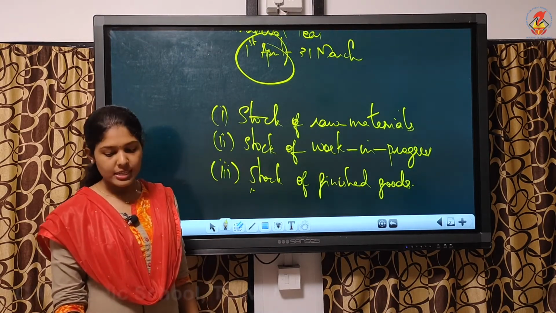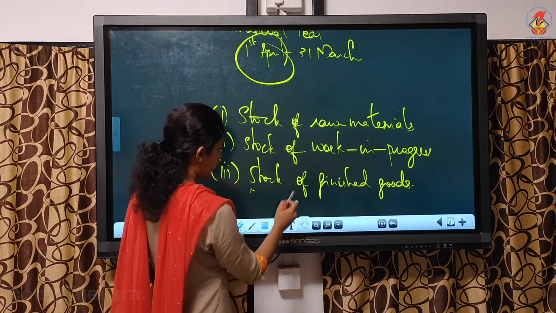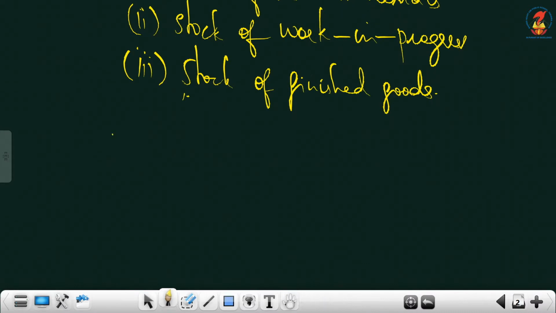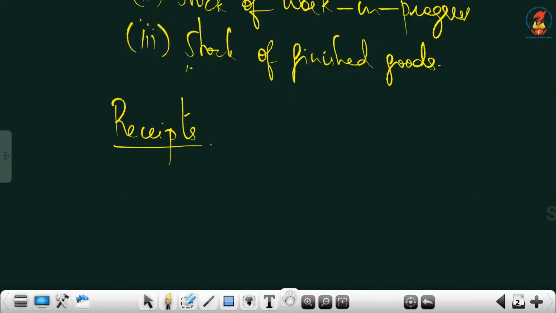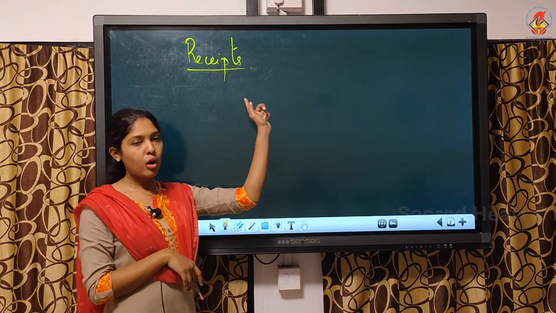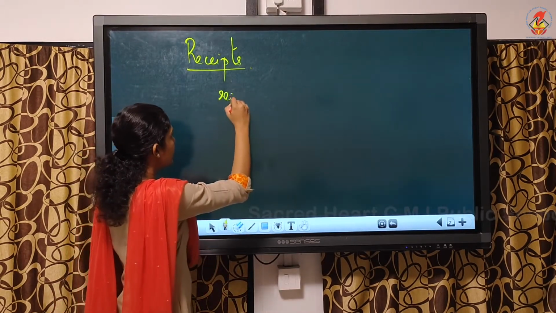Okay, next head is, you can write receipts as the next head. Next accounting term is receipts. You can put the number for these terms. Receipts means the amount received or receivable, both will be included here.